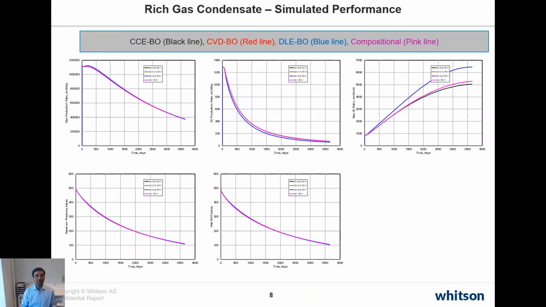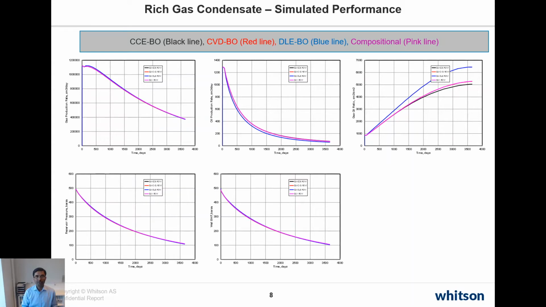Now this is showing the simulated performance for this rich gas condensate reservoir. The black line is for the black oil simulation with the black oil table from CCE. The red line is for the black oil simulation with the table from the CVD experiment, and blue is for the DLE experiment.